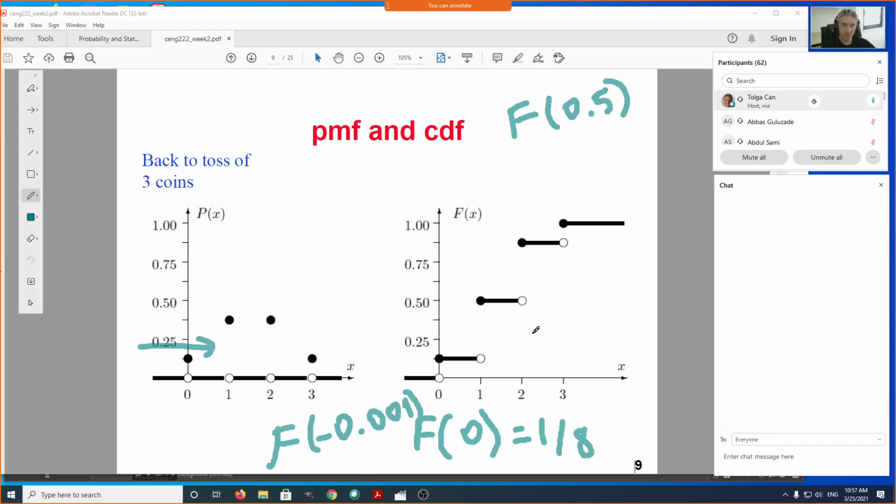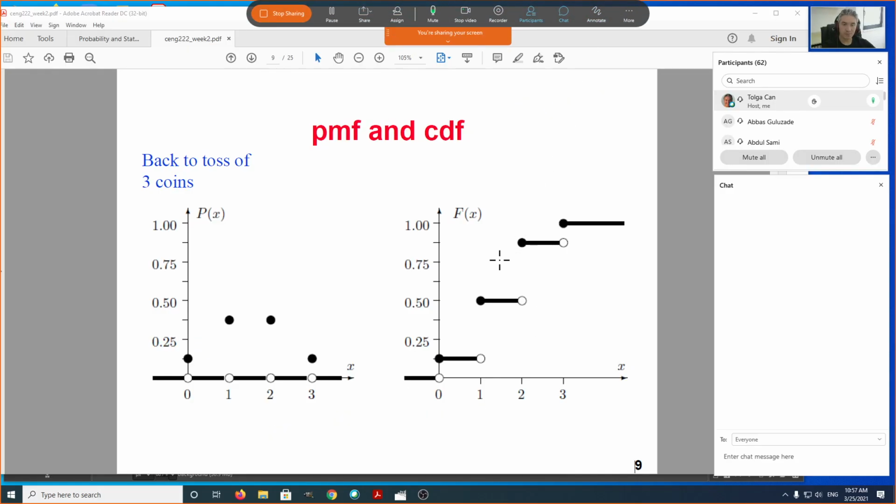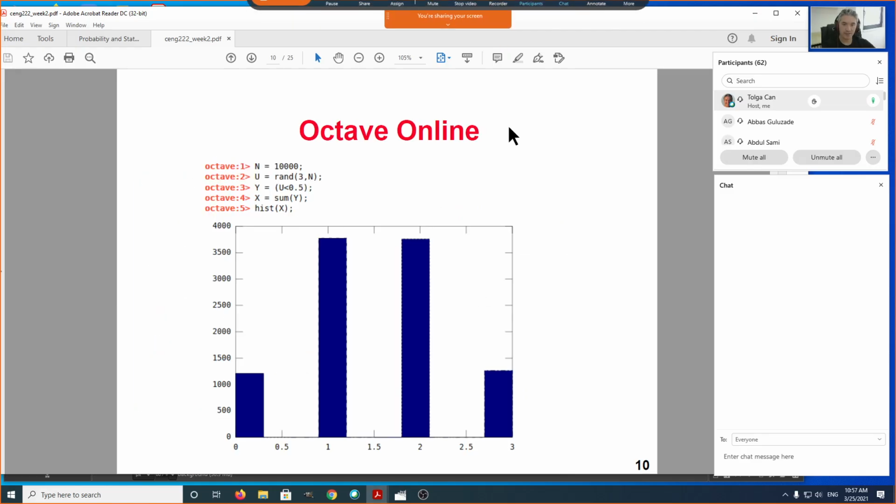All right, now let me stop annotating and get back to the slides. Now, I'm going to show how the probability mass function looks by actually performing a random experiment. If you perform a random experiment a large number of times, we will be able to figure out these probabilities with the help of a simulation.